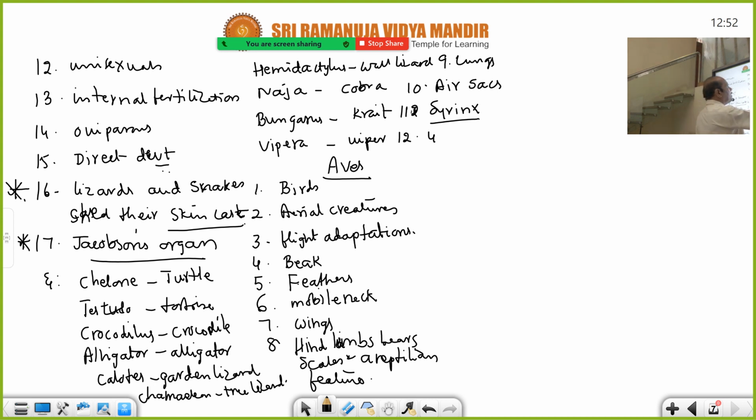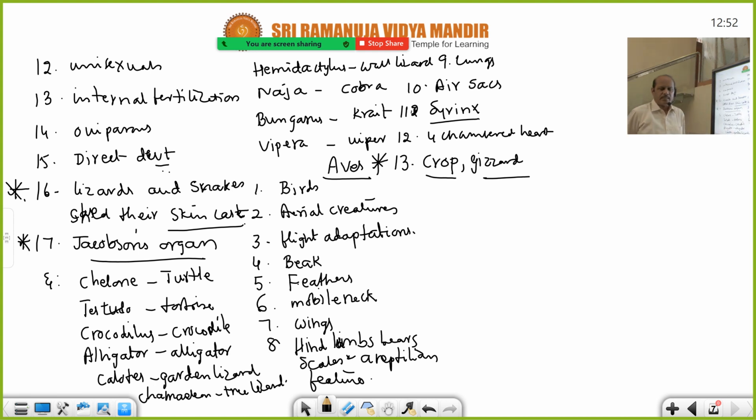And four-chambered heart. Additional chambers in the alimentary canal, crop and gizzard, is the addition. Because of the absence of teeth in the beak and jaws, crop and gizzard developed as additional chambers in the digestive system. Most important. Crop and gizzard are present in the digestive systems of aerial creatures.